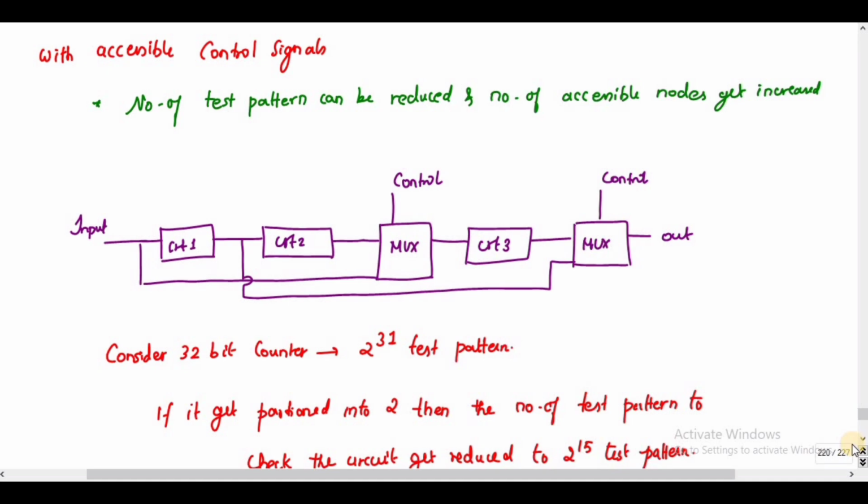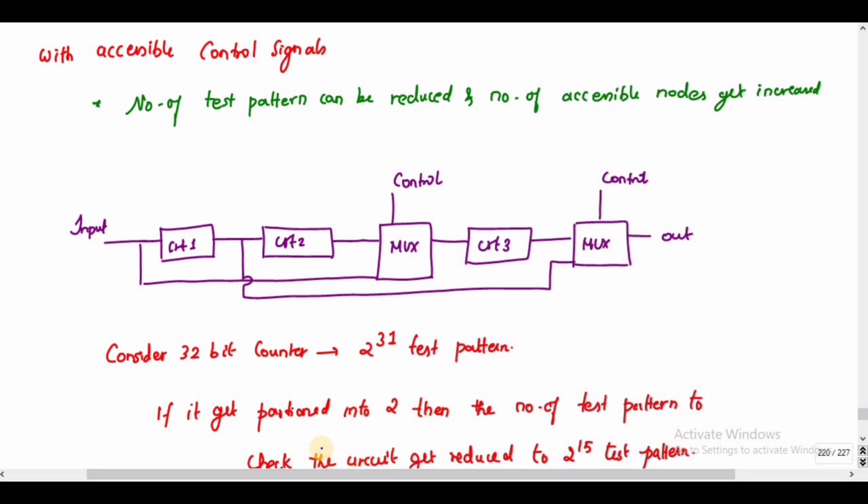First, consider a 32-bit counter. For a 32-bit counter, 2 power 31 test patterns are required. If that circuit is reduced into 2 parts, then the number of test patterns needed to check the circuit is reduced to 2 power 15. This can be done by dividing the whole circuit into 2 parts.